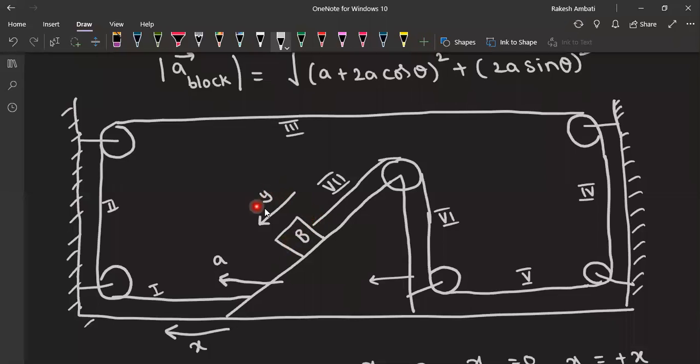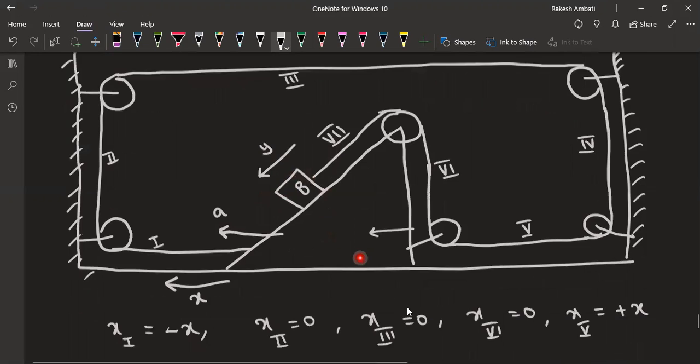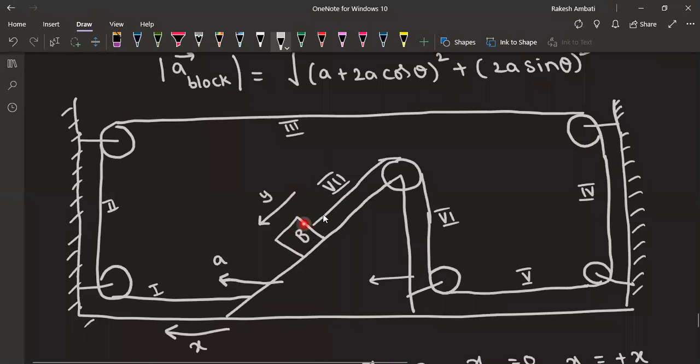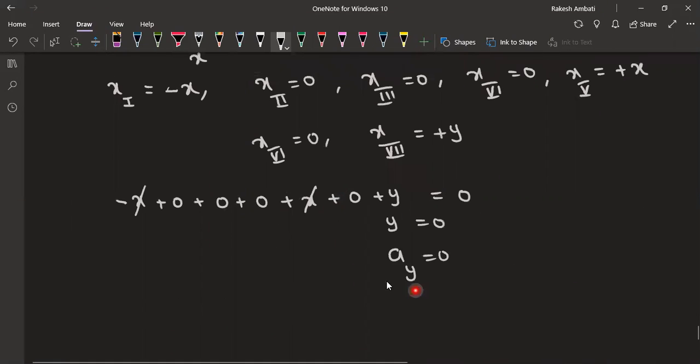Because the y value we are getting is 0, so no change in this direction. If no change, then no acceleration is present.